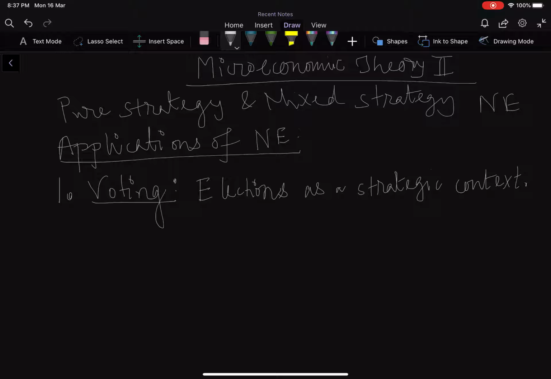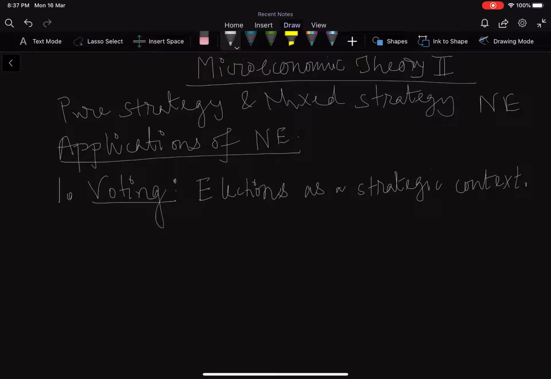Now, what policy that Biden will announce partly depends on not just his own preference, but also what Bernie Sanders is announcing, right? If Bernie Sanders changes his policy or would have announced a different set of policies, Joe Biden would have reacted differently by announcing maybe a different set of policies, because it matters where the opponent's policies are in terms of how many votes that opponent will get.